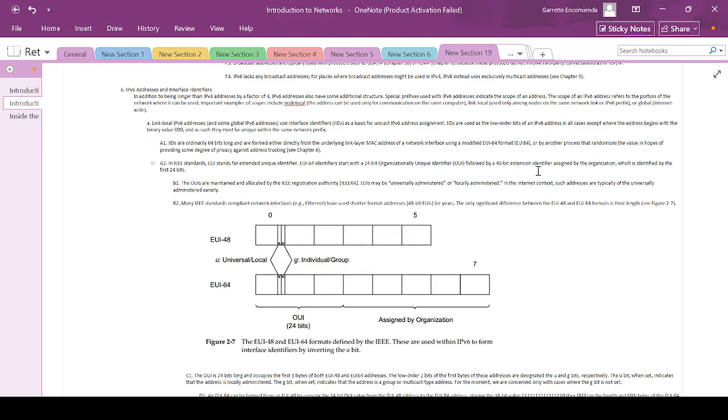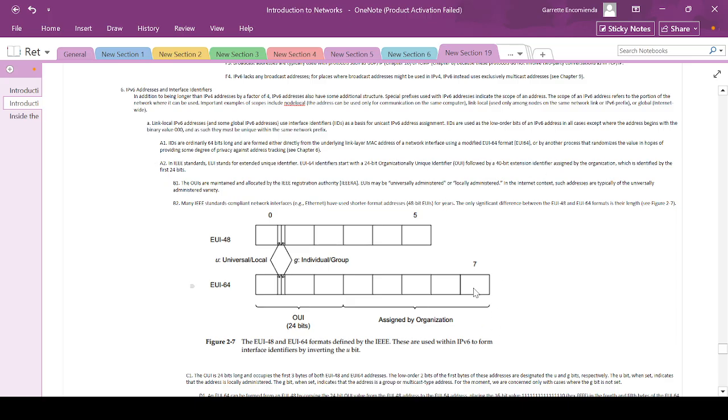So as you can see, this EUI-64 has 24 bits for the OUI and 40 bits assigned by the organization, which follows, making the 64-bit IID for this IPv6.